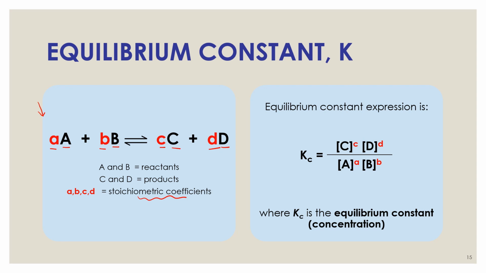So in order to write the equilibrium constant expression K, according to the law of mass action just now, K is a constant, so K equals the multiplication of the products, hasil darab of the products, raised to some powers according to their stoichiometric coefficients or ratio, divided by the multiplication of the reactants A and B raised to certain powers according to the stoichiometric ratio as well.